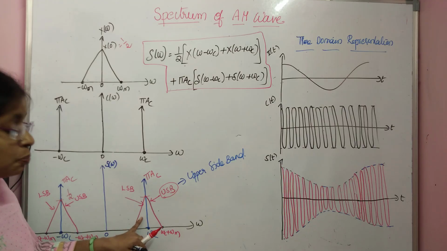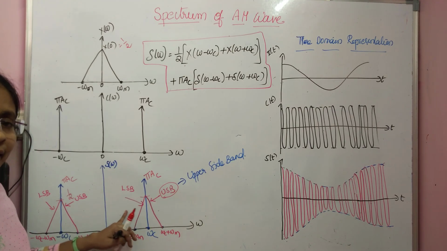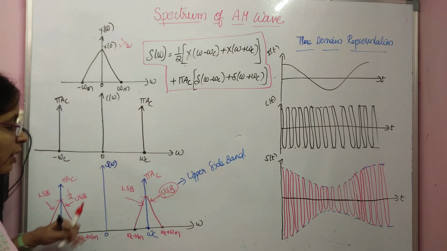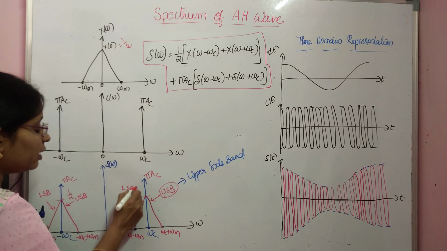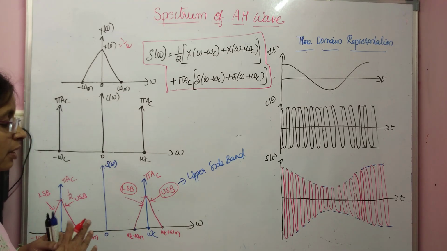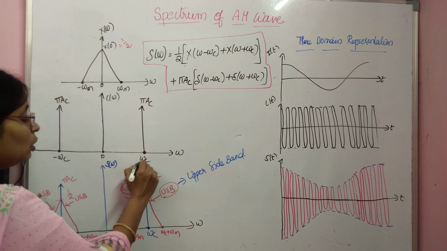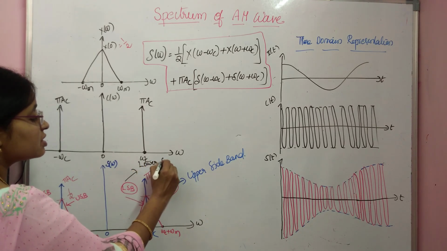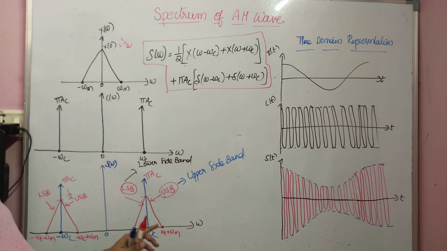Now, these frequencies are lying below the carrier frequency. That is the reason these are called LSB. LSB is nothing but lower sideband. Upper sideband and lower sideband.